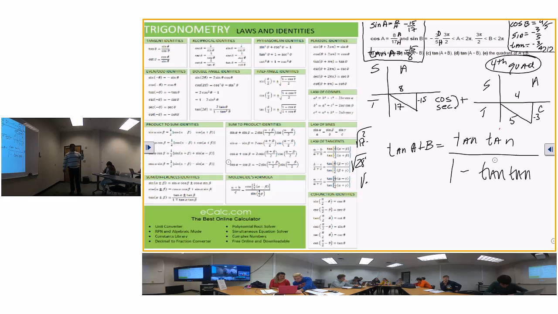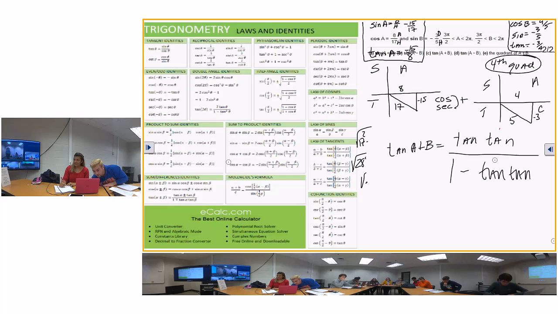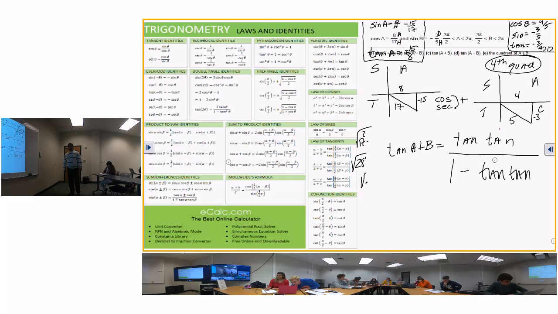That means tan plus tan over 1 minus tan tan, which means multiplication. The only sign you use really is the minus sign. So if you were doing tangent of A minus B, it would be tan minus tan over 1 plus tan tan. I guess you just have to think like me to understand what I'm talking about. But the whole point is I've got my own little system of remembering it.